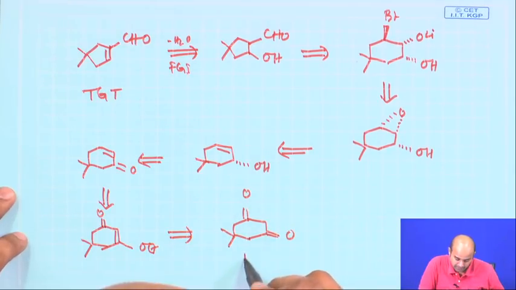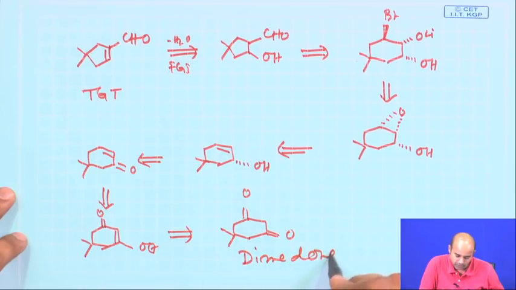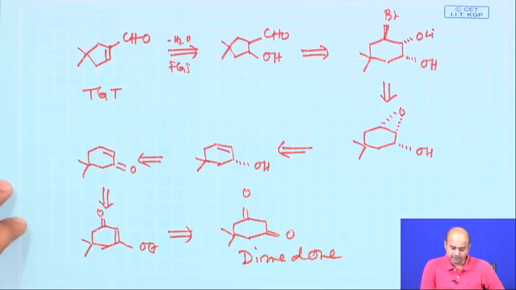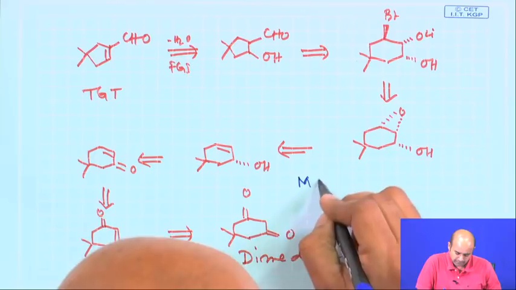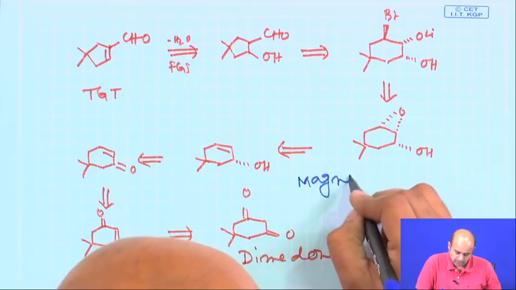Now, this is the starting material which we were coming to. This is named dimedone, it is commercially available. As I said, this whole sequence of transformations is named the Magnus ring contraction.